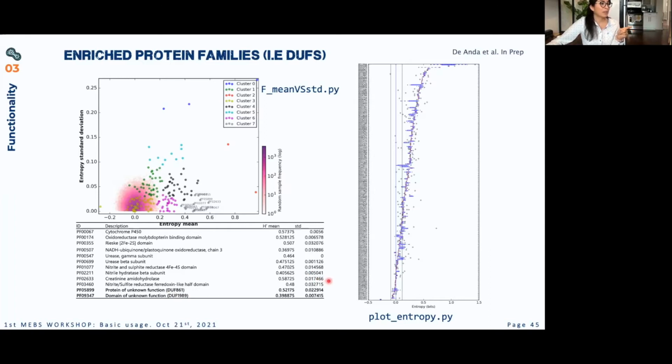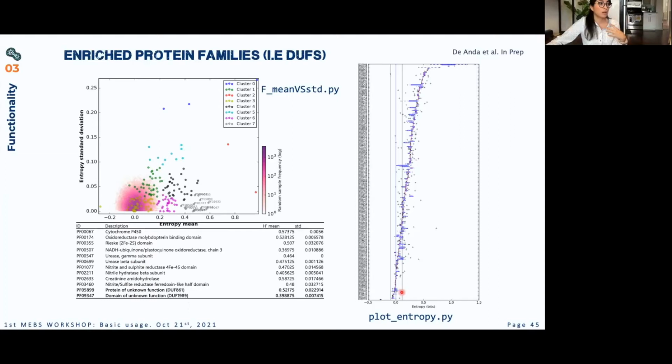And so you can see, just without knowing anything, you can get the entropy values and see what those proteins are. We have other proteins that we know have been characterized and are involved in the nitrogen cycle. But if you use this approach, you can get proteins of domains of unknown function.